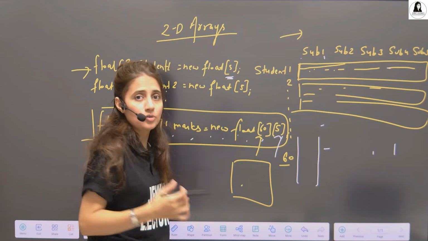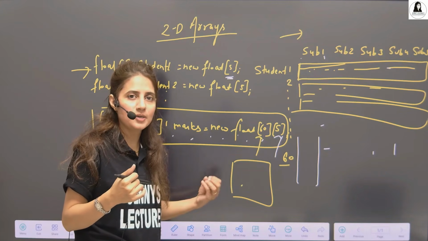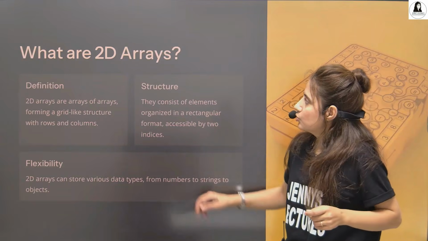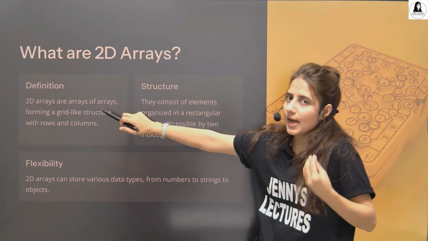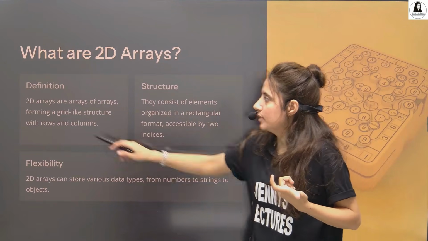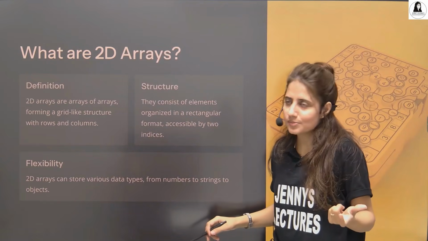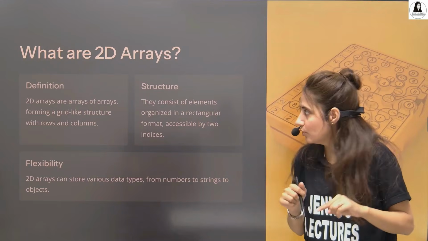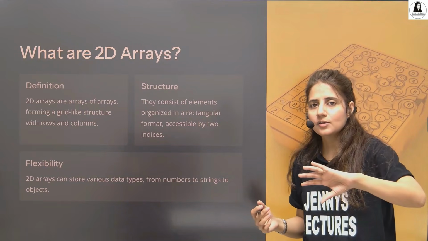In image processing also 2D arrays are used, but mostly we use 1D arrays. So 2D arrays are arrays of arrays, an array of 1D arrays forming a grid-like structure with rows and columns. They consist of elements organized in a rectangular or tabular format.